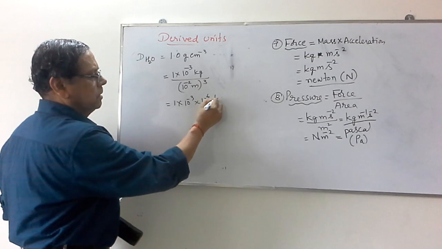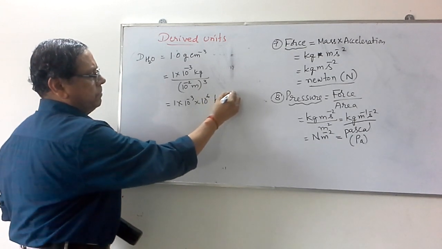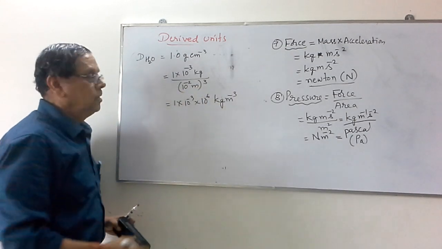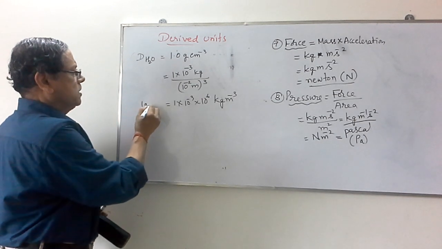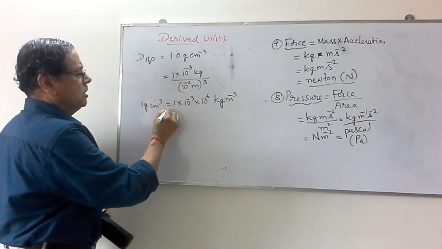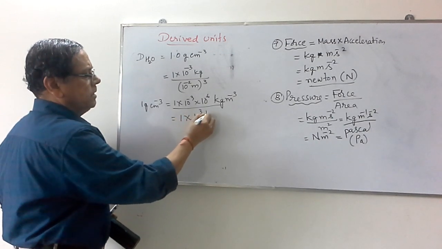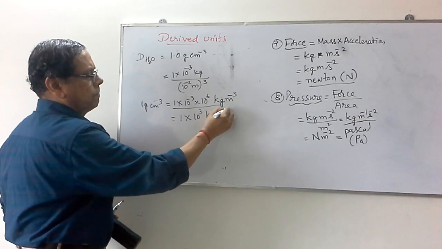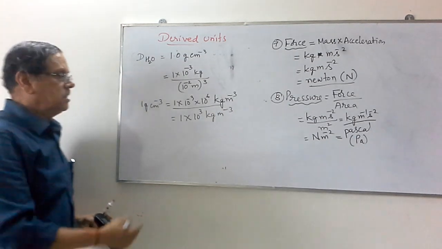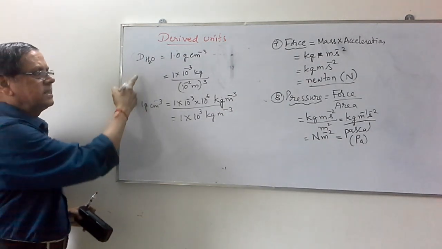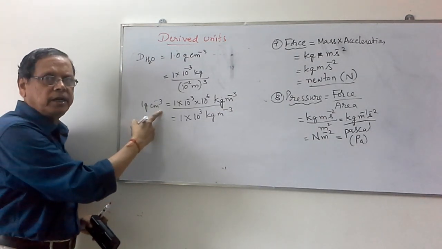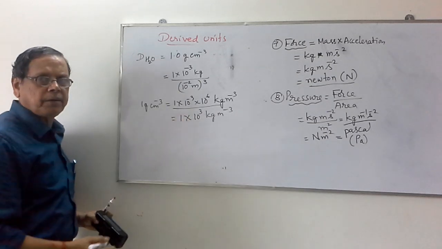That's why we have kg per meter cube. So 1 gram per cm cube is equal to 1 into 10 to the power 3 kg per meter cube. This is the conversion of density from gram per cm cube, CGS unit, to kg per meter cube.